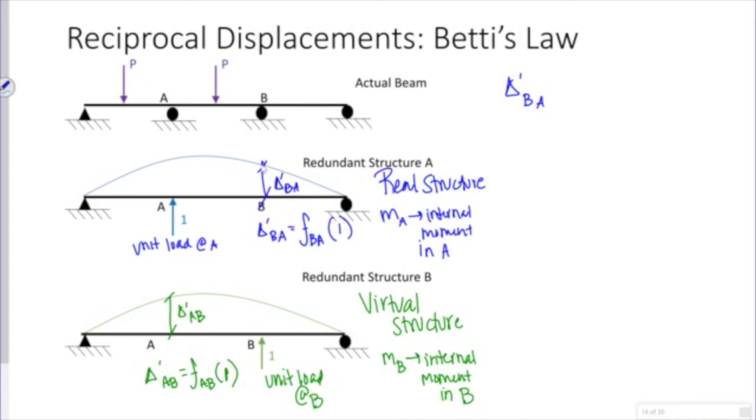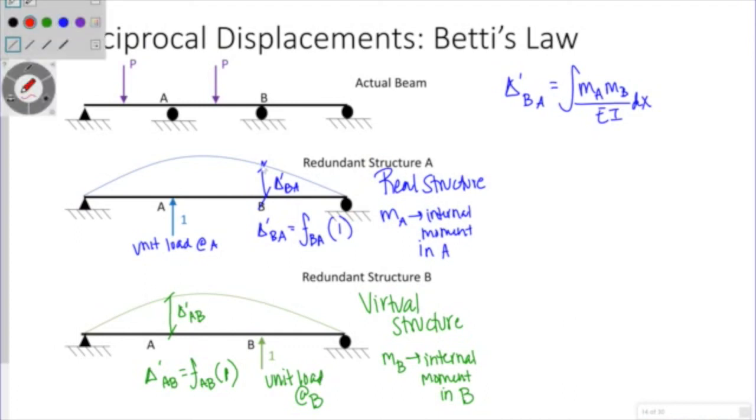So if I wanted to calculate that, it would be the integral of the moment in my real structure, which is MA, and my moment in my virtual structure, which is MB, over EI, and you take the integral, right? My moment in A is my real, my moment at B is my virtual in this case.